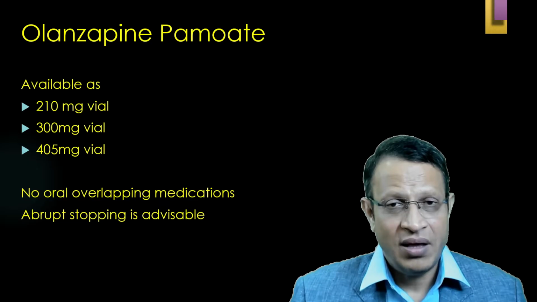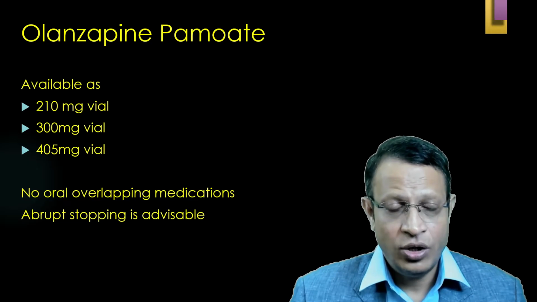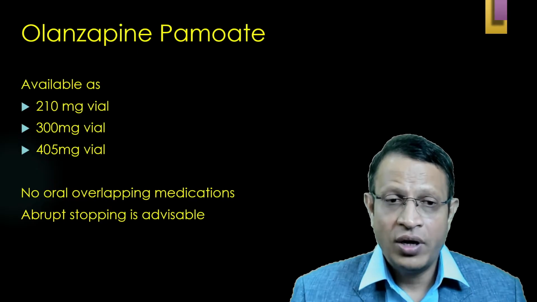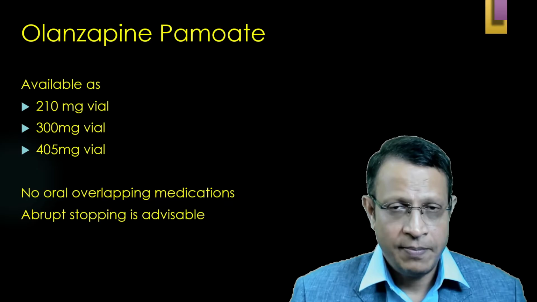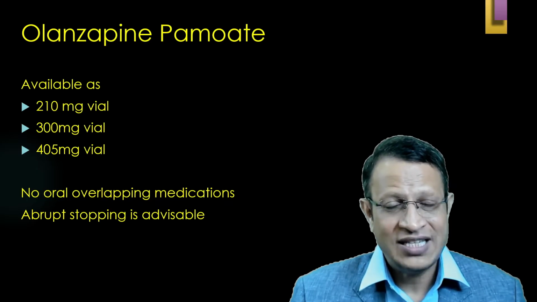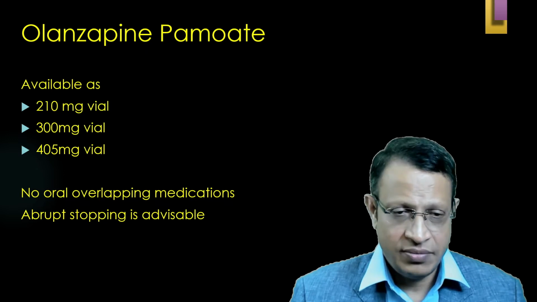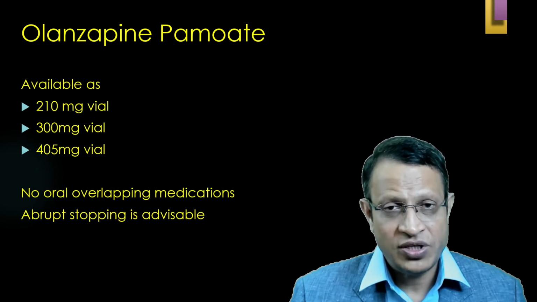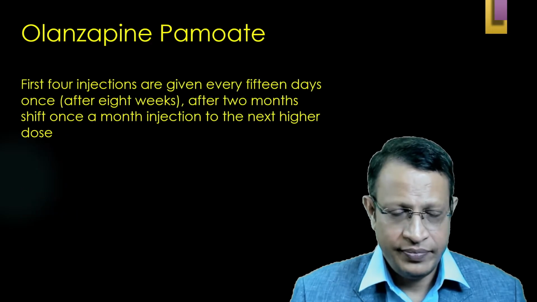Long-acting olanzapine is available in 3 dosage forms: 210 mg vial, 300 mg, and 405 mg vial. There is no need to give concomitant oral olanzapine when you start the injection. You can advise abrupt stoppage of oral olanzapine.